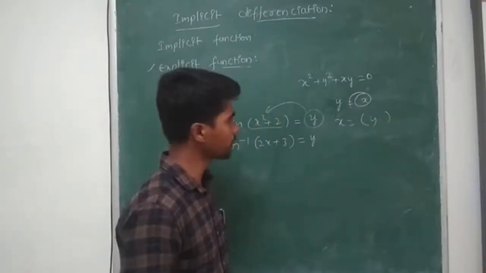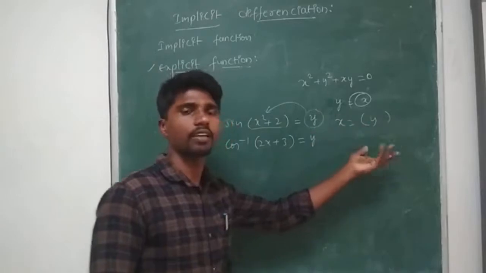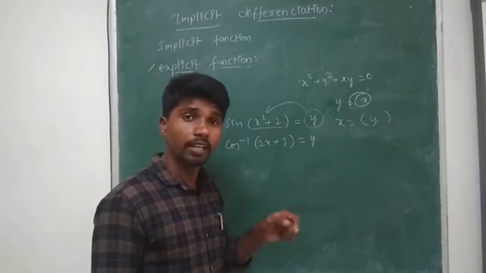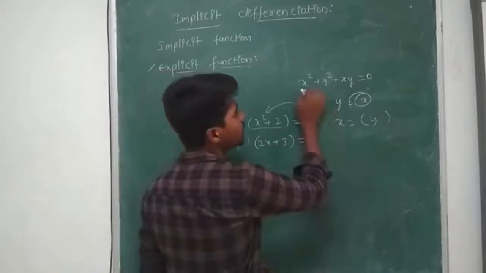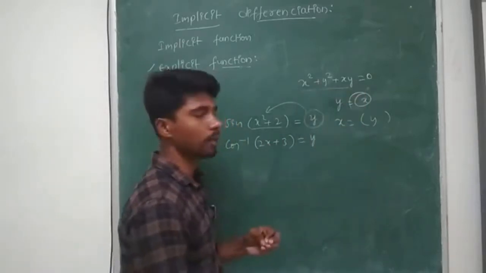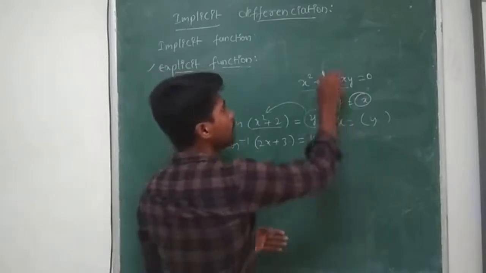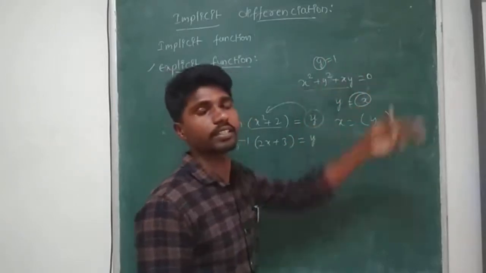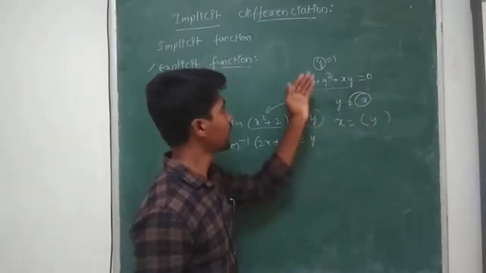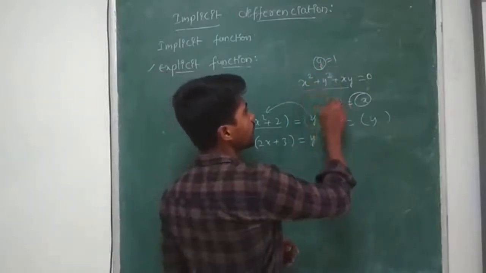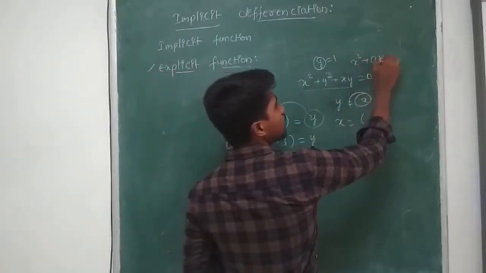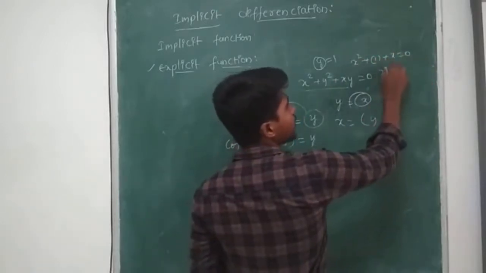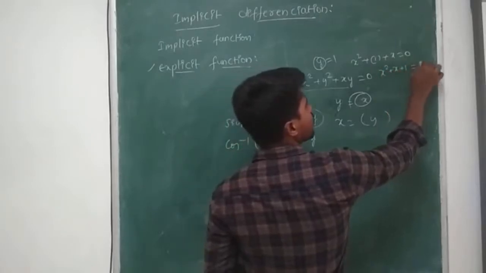So I cannot express x as a function of y or y as a function of x. Even so, at a particular value of y, if I take the value of y as 1, the value of x changes. Yes or no? If I take the value of y as 1, what I get is x^2 + 1 + x equal to 0. From this you get x^2 + x + 1 equal to 0.